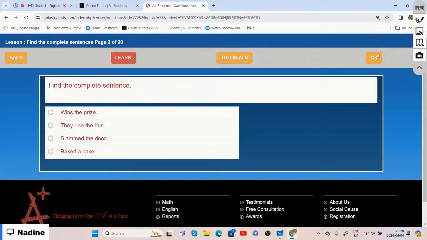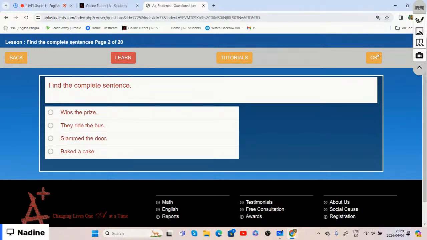All right, so now we need to find the complete sentence. Remember, a complete sentence has a naming part and it has an action part, right?